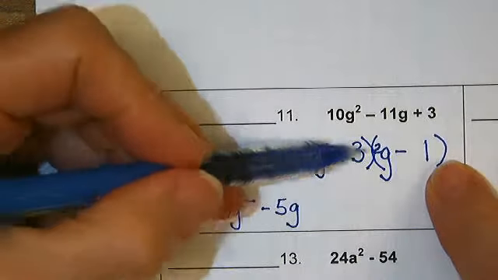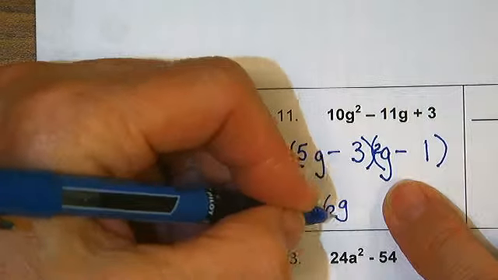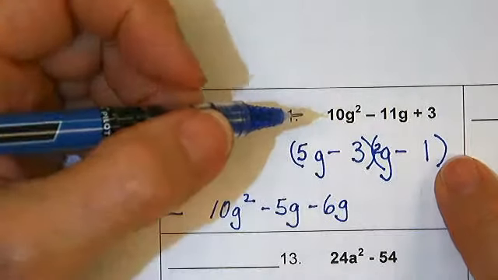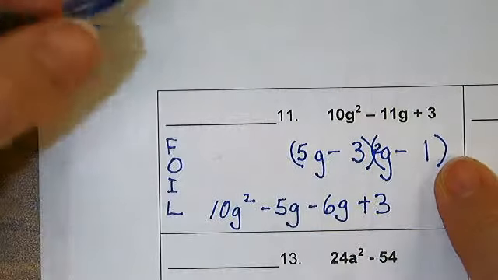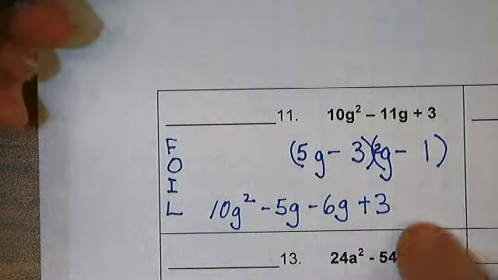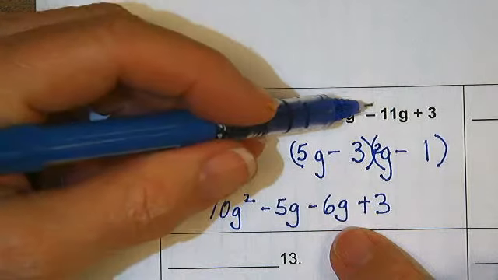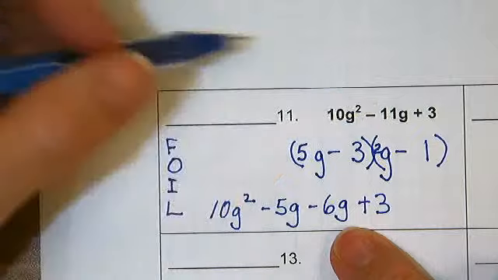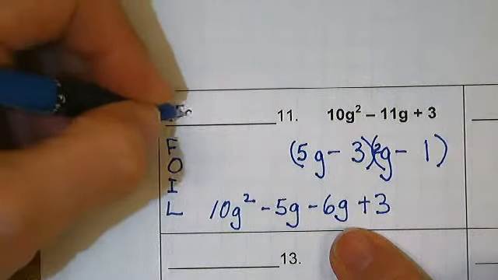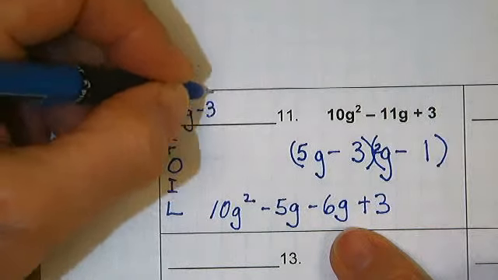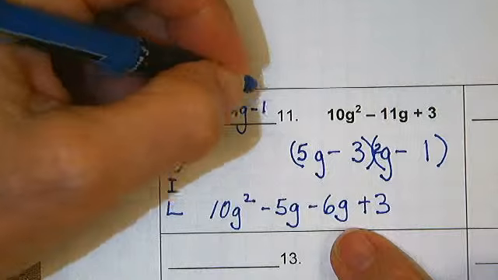Inside, negative 3 times 2g, negative 6g. Negative 3 times negative 1 is plus 3. Are there any like terms that I can combine? Negative 5g minus 6g, negative 11g. So my final answer here is 5g minus 3 times 2g minus 1.